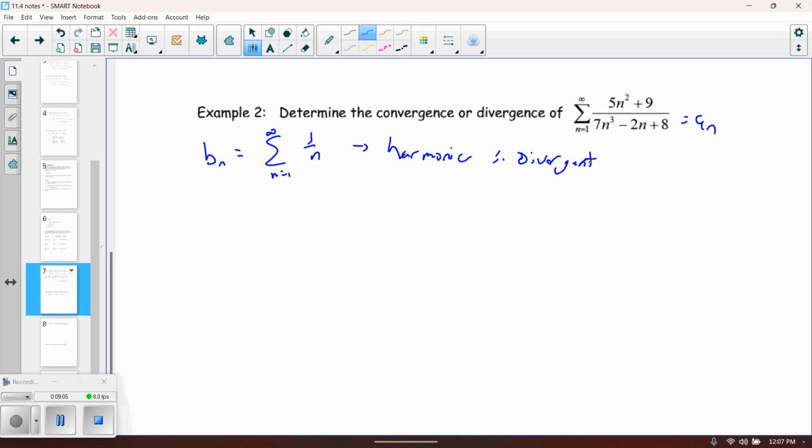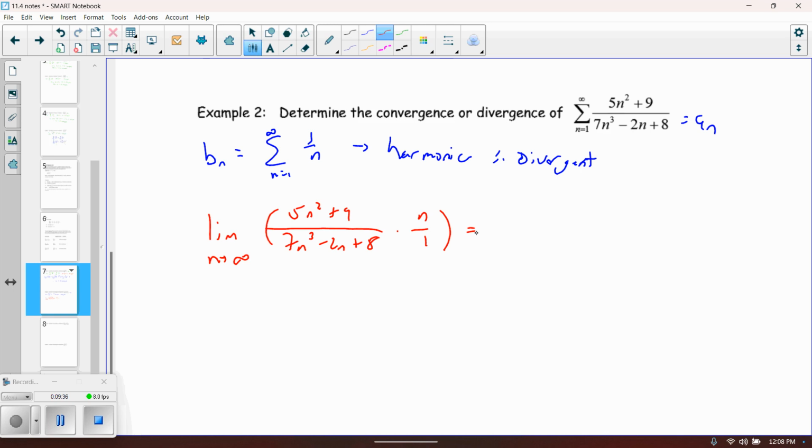So now let's take the limit and see what we get. The limit as n goes to infinity, again, it doesn't matter which order you divide these in, so I'm just going to start with a sub n here, 5n squared plus 9 over 7n cubed minus 2n plus 8. And we'll multiply it by the reciprocal of 1 over n, which is n over 1.